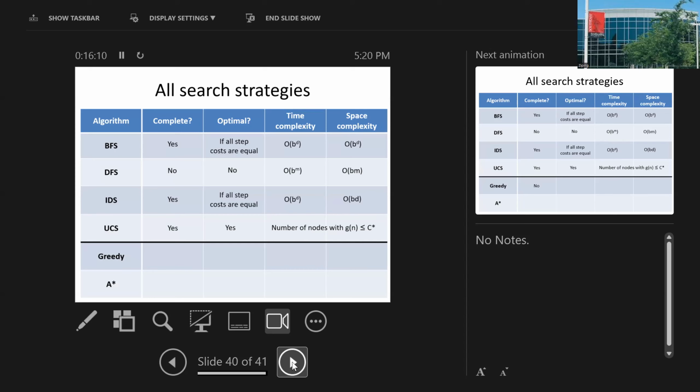Uninformed search means you don't know about those states.